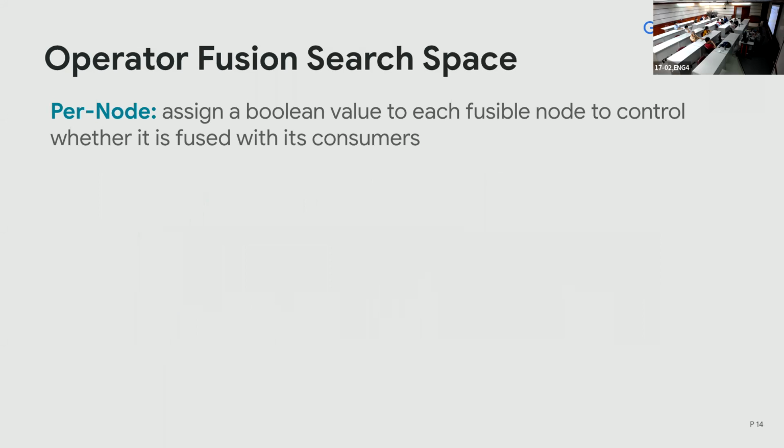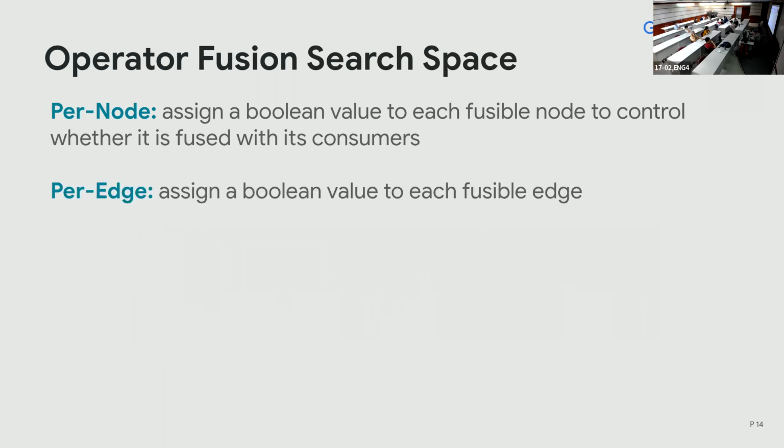But there are alternatives. The other one is, instead of considering a configuration per node, you can consider a configuration per edge, which is more fine-grained and more expressive, but that also means that the search space will be larger, because there are more edges than nodes in the graph.